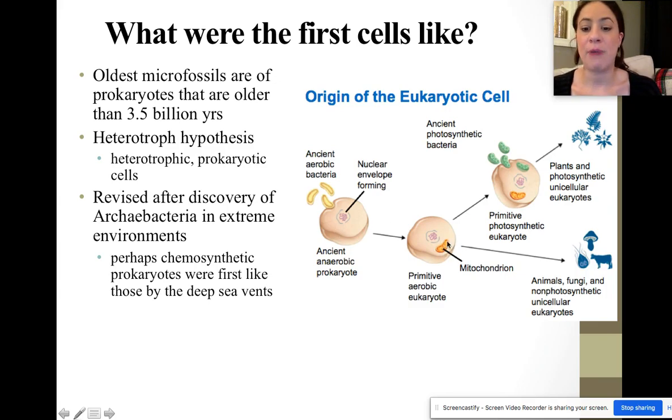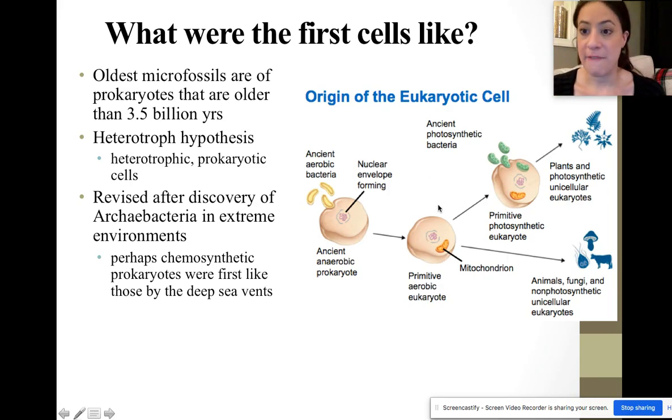So the reason why this future mitochondria didn't get digested was because it produced a lot of energy for this larger host cell, and that would be like the first eukaryotic cell.